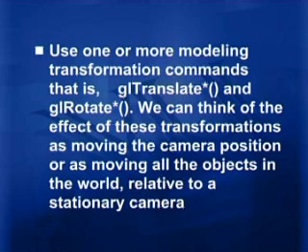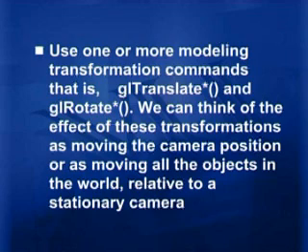glTranslate is already something that we have covered. glRotate is also something that we know about. So if this is what we are going to do, making use of our viewing transformations, we are going to translate and rotate the object, we can use glTranslate and glRotate, f or d.